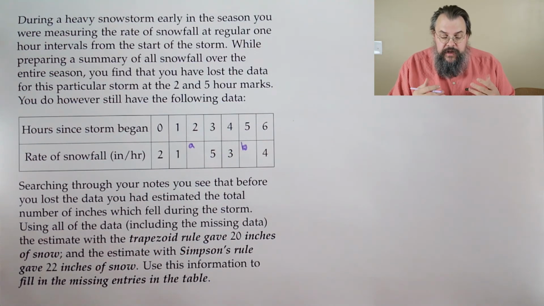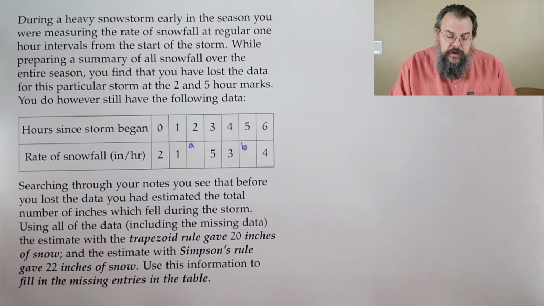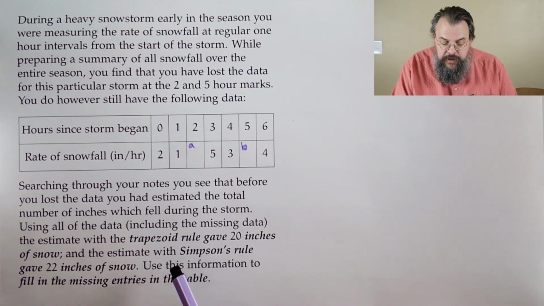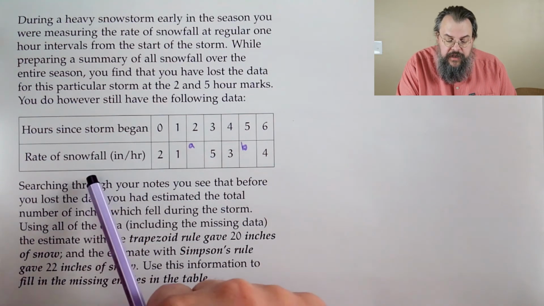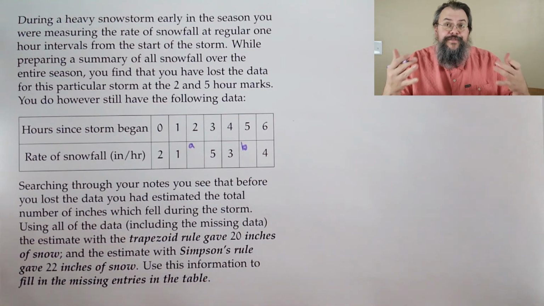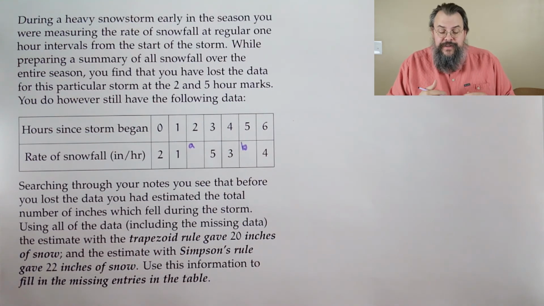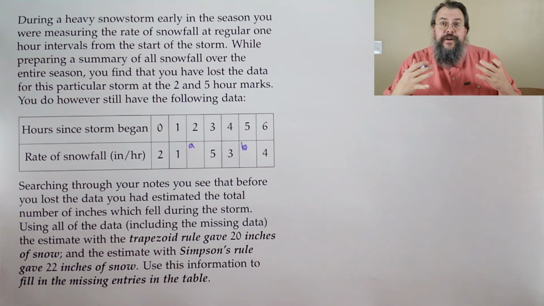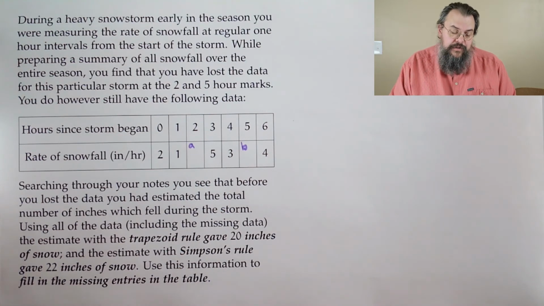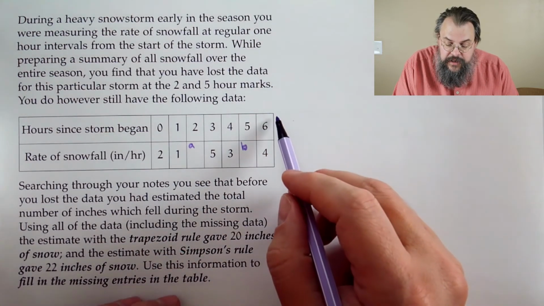And we take a look and we say, all right, well, we can find the total, by the way. We should point out, since we have a rate of snowfall, if you integrate the rate of snowfall, you find the snowfall. So this is an integration problem, and we're using numerical integration to find the total snowfall. Now, let's look at a few pieces.